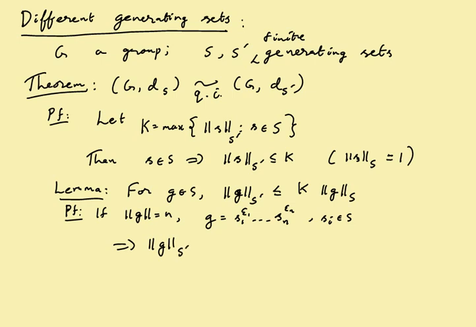So the norm of g with respect to S prime is less than or equal to the norm of s_1 with respect to S prime, now I dropped epsilon_i because of the symmetry property of the norm, plus and so on up to the norm of s_n with respect to S prime. Now each of these is less than or equal to K, so this is less than or equal to K times n, which is K times the norm of g. Okay. So this concludes the proof of the lemma.